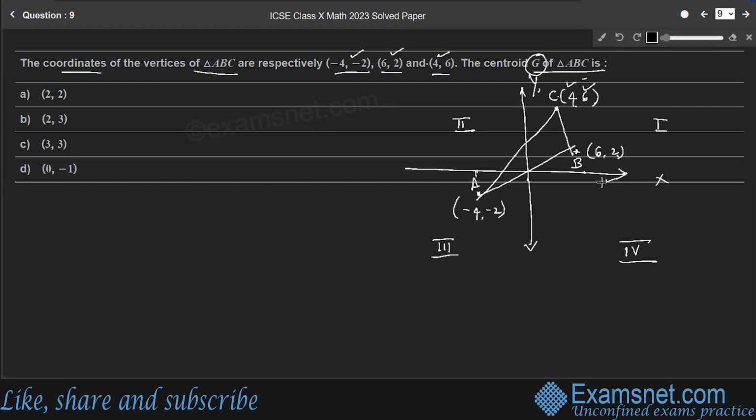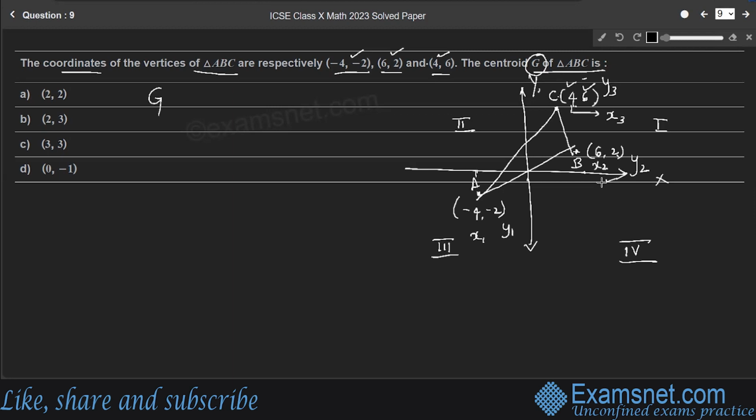Here we'll consider x1, x2 and x3 as the x coordinates of these points: x1 as -4, x2 as 6 and x3 as 4, and y1 as -2, y2 as 2 and y3 as 6 as the y coordinates.